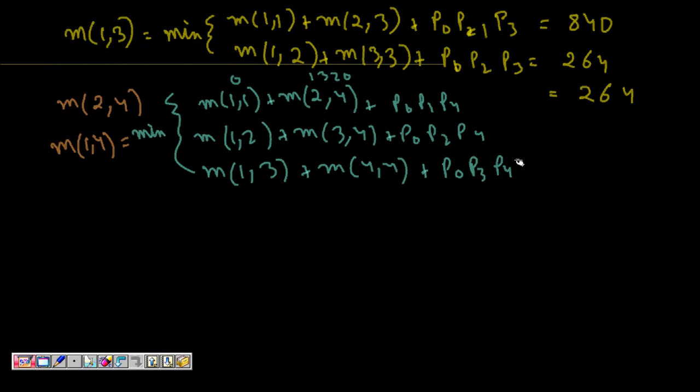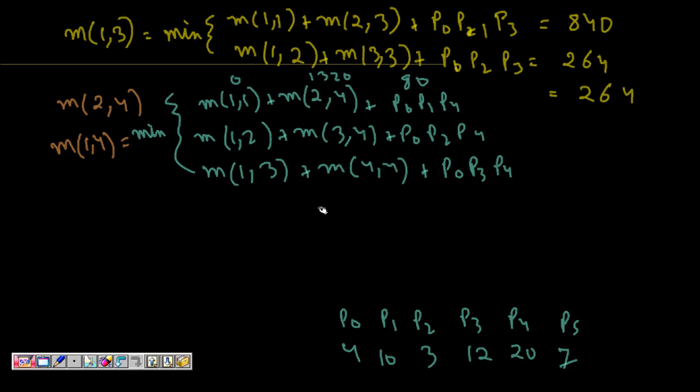Let's write P0, P1, P2, P3, P4, which are given as 4, 10, 3, 12, 20, and P5 is 7. So P0, P1, P4 comes out to be 40 into 20, so 800.